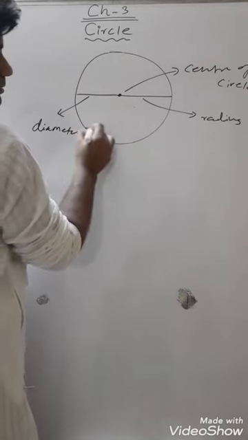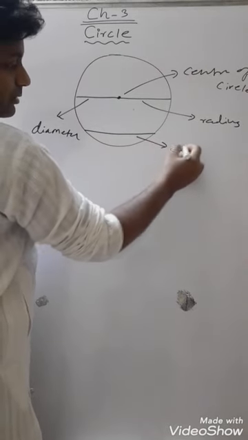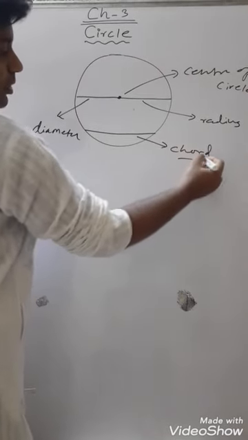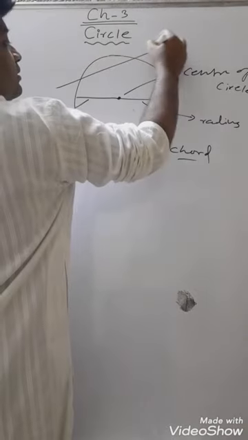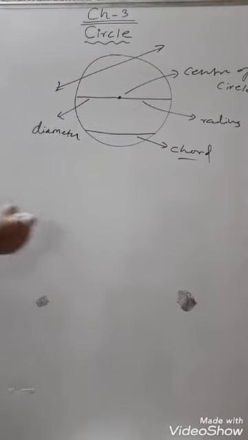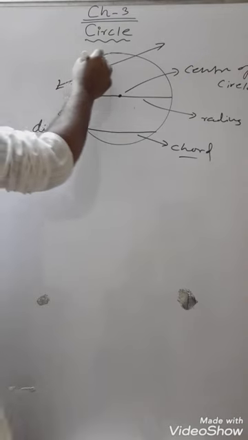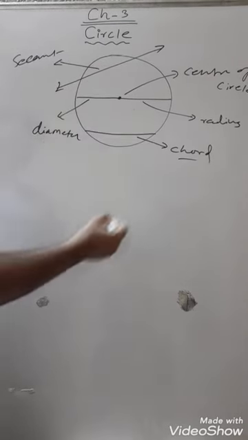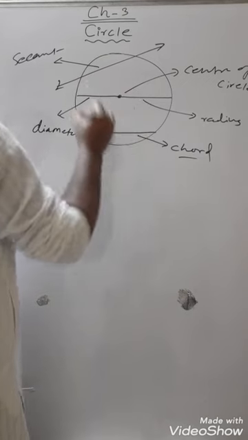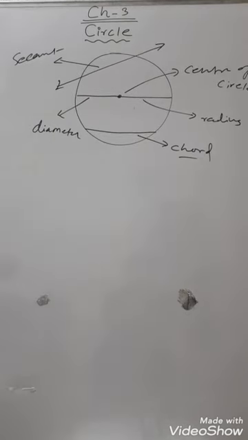Then this one is known as chord. Then the line which divides a circle, this line is known as secant. These are the basic things in circle.